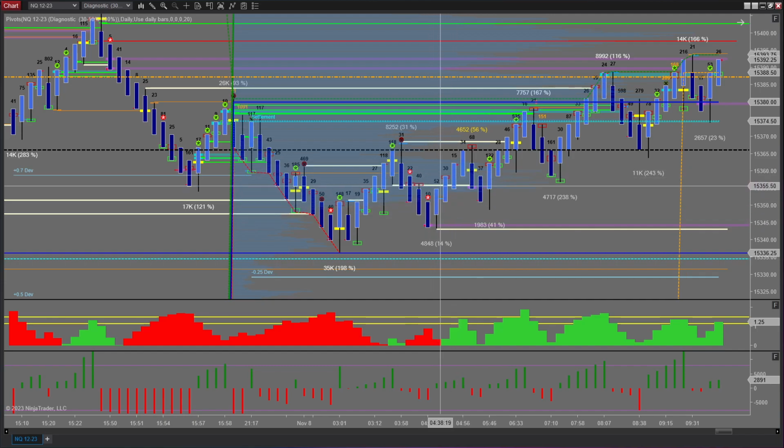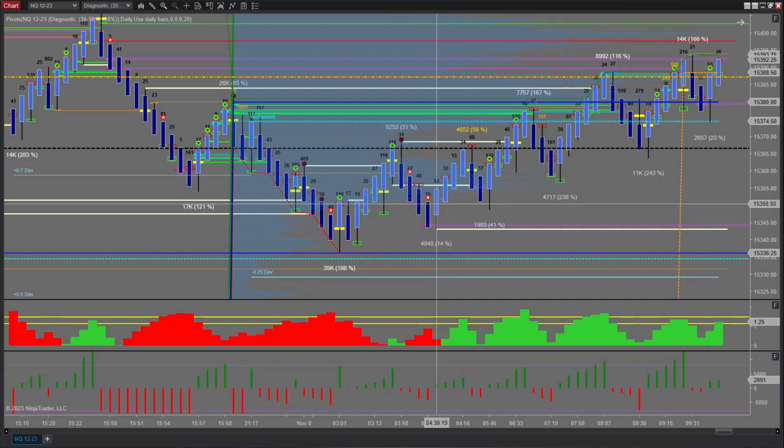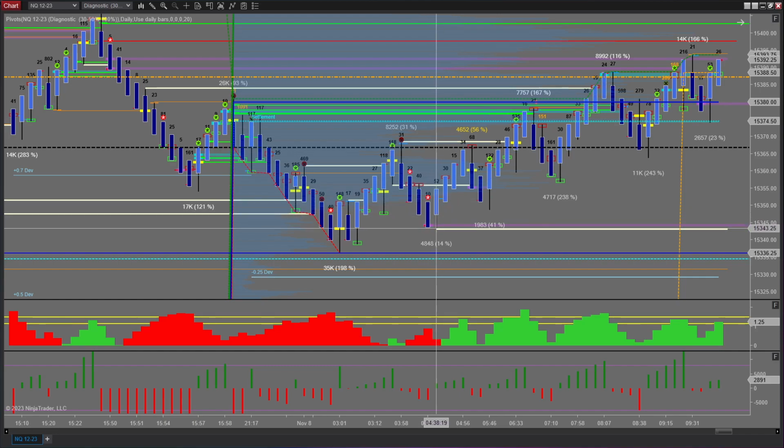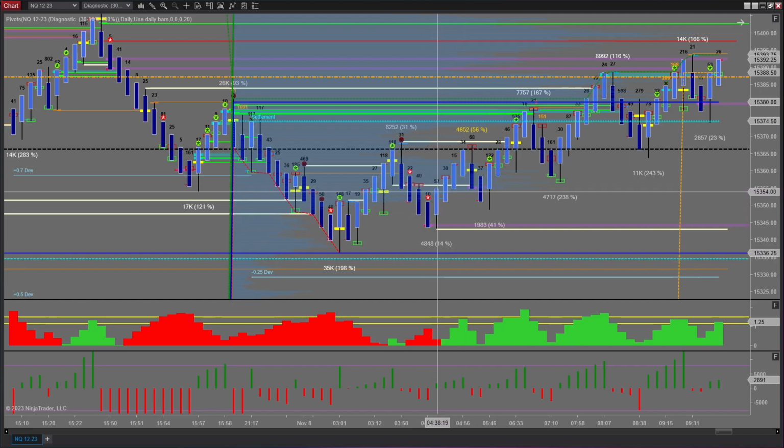I like to wait for that candle to close because sometimes you'll get the star, we call it an SLZ. Sometimes you'll get the SLZ, but the next candle won't be a reversal. It'll close down and you're just going to continue down, so you don't want to get into it too early.